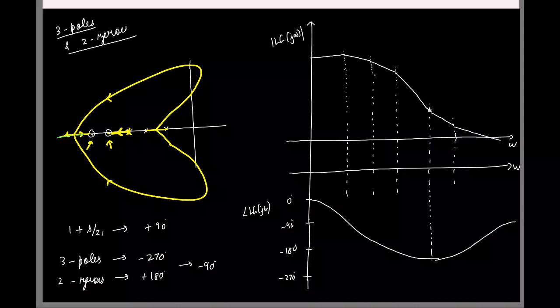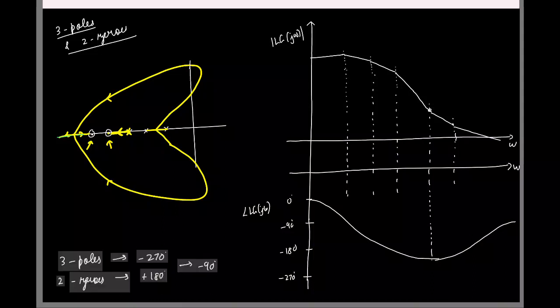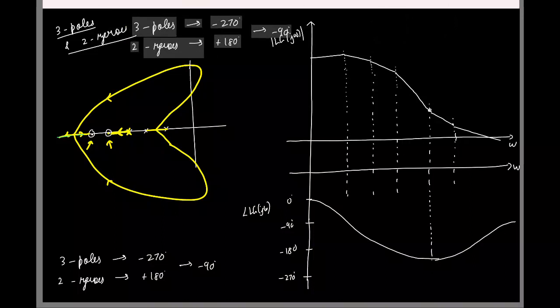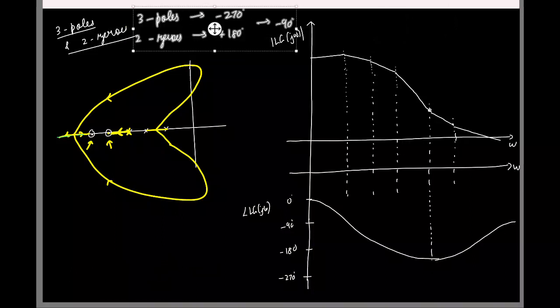Cool. So let me keep this here somewhere. Let's actually focus on this point. This basically corresponds to a DC gain of some A0 prime.